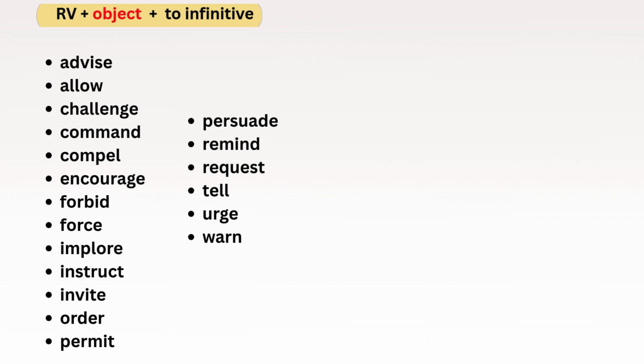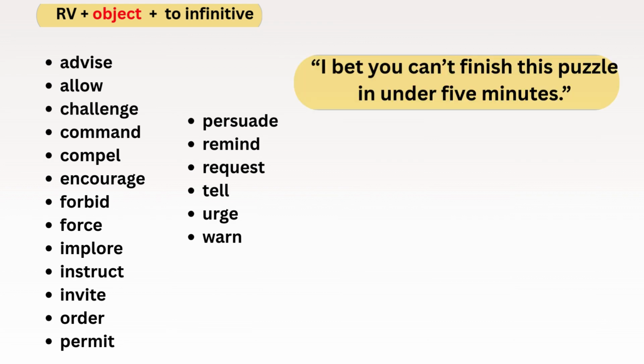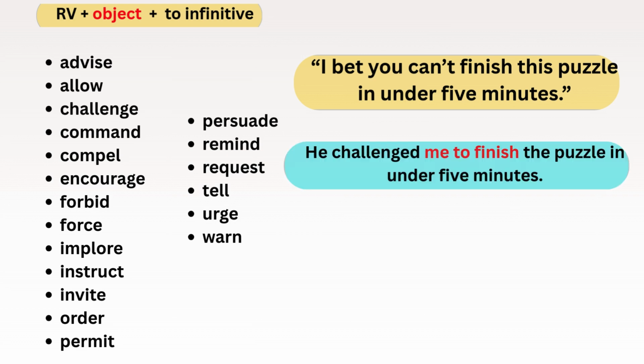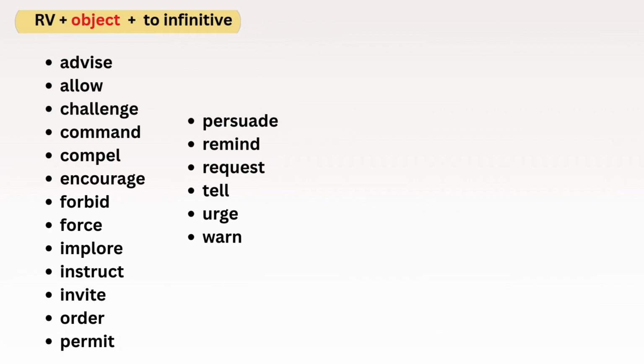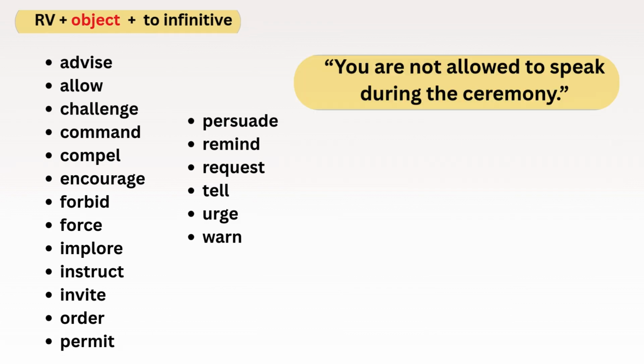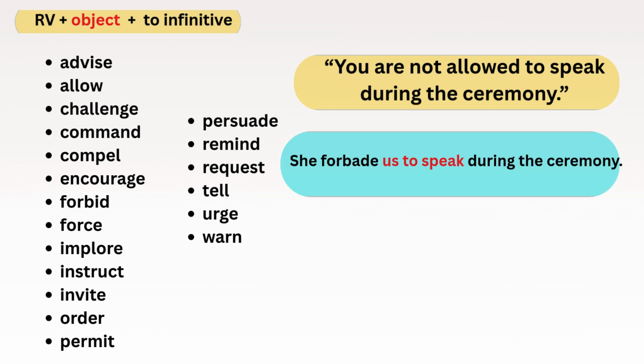Let's have a look at some examples. I bet you can't finish this puzzle in under 5 minutes. He challenged me to finish the puzzle in under 5 minutes. You are not allowed to speak during the ceremony. She forbade us to speak during this ceremony.